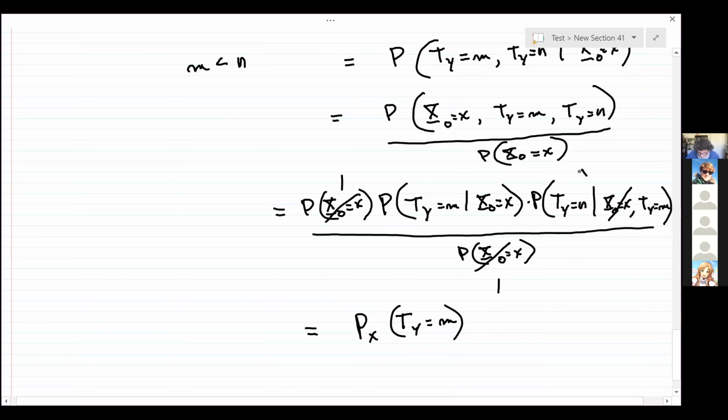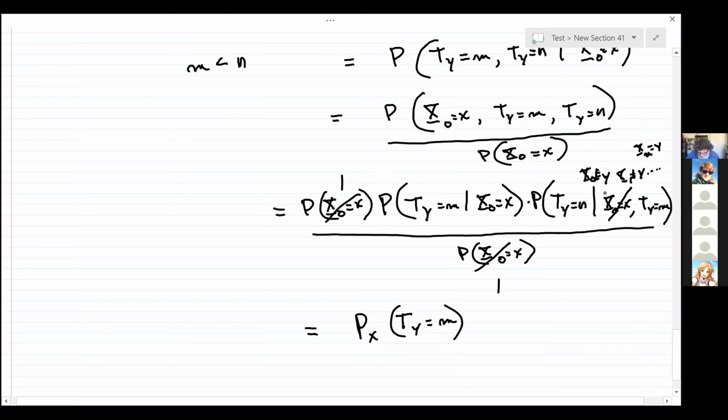Means at time 0, you were not at Y. Well, you know you were at X, so that's true. At time 1, you're not at Y. At time 2, you're not at Y. And then what's the last condition? You were first at Y at time n. So at time n, you were at Y.